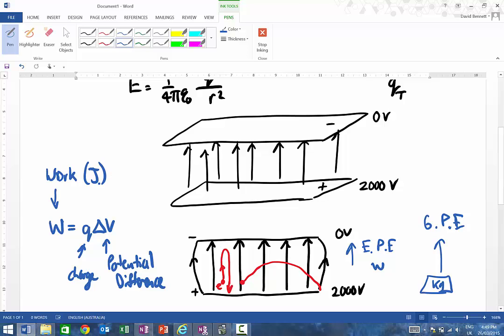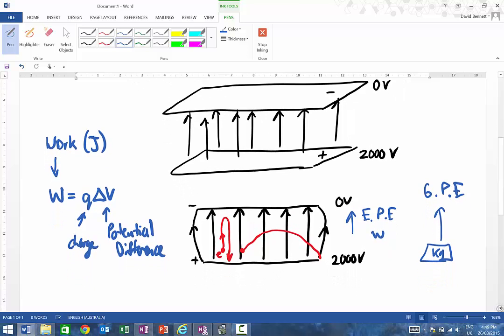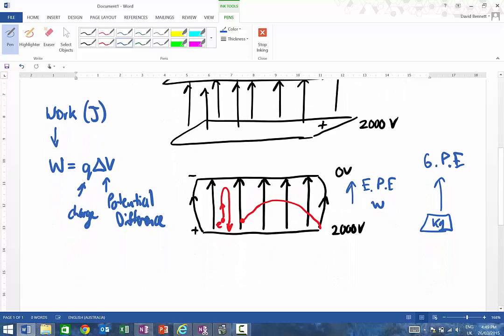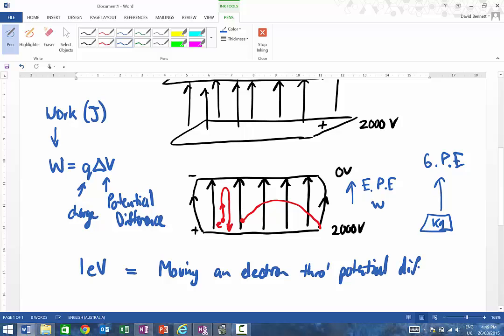A really useful term that we want to look at is a thing called a 1 electron volt. 1 electron volt is equivalent to moving an electron through a potential difference of 1 volt.